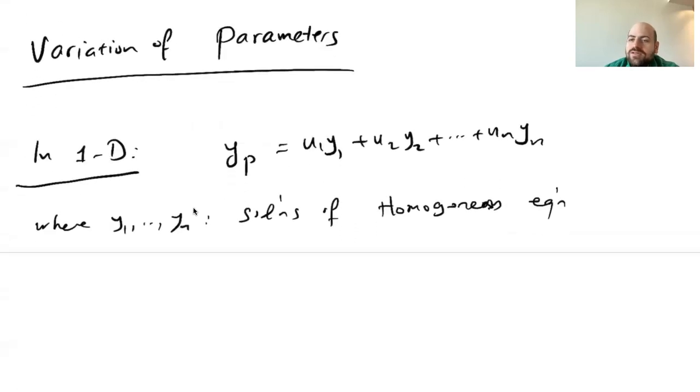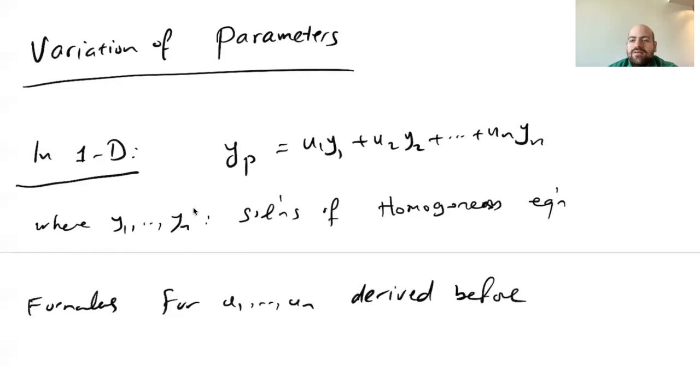And we had formulas for u1 to un derived before, in terms of integrals. If you remember, u1 was integral minus y2 times f divided by Wronskian, and a similar formula for u2.